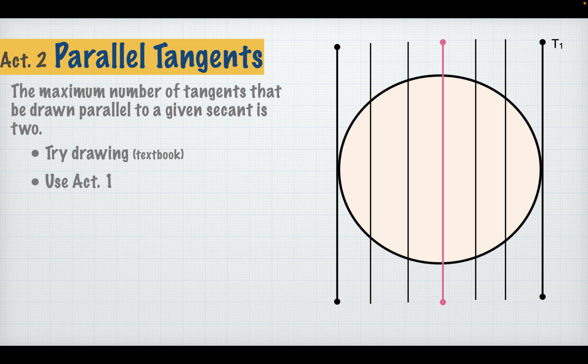But can I draw more? Let's say this is tangent T2, but from activity 1 we know that we can draw only one tangent to a point. So if you take tangent T1 or T2, any of them, you would see that at this point where T2 touches or T1 touches the circle, I can draw a line through this point, but only one such line.